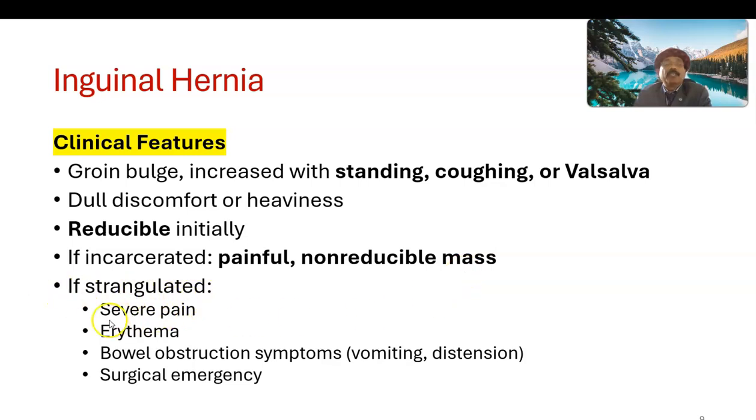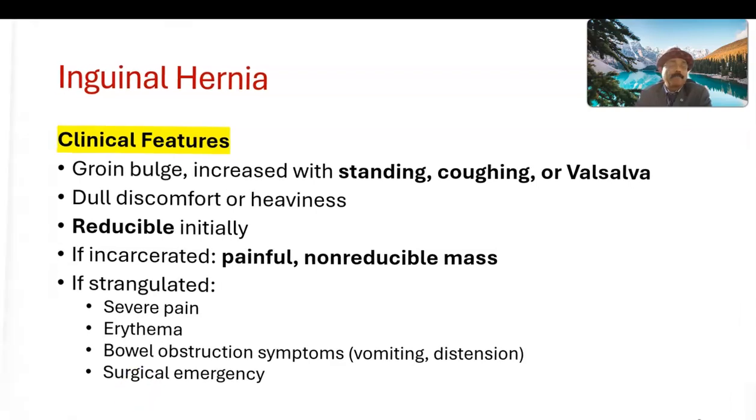If strangulated, severe pain, erythema, bowel obstruction syndrome, vomiting, and distension happen. These are signs of intestinal obstruction due to strangulation of the hernial sac, and this is a surgical emergency. If the bowel is strangulated and twisted inside the hernial sac, it is a surgical emergency.